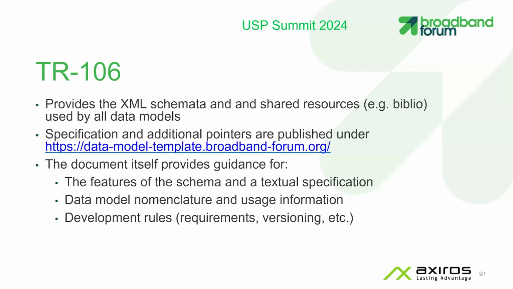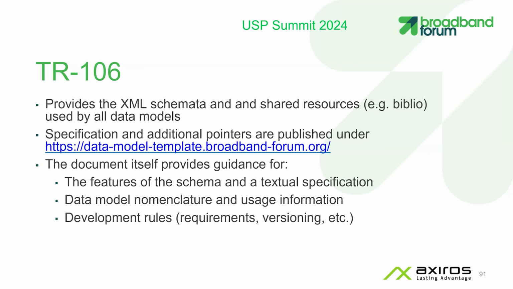The document itself is actually quite interesting, and few people know about that, but it explains basically all of the features that you can have in a data model, and it gives you a textual description of what they actually do. So especially if you're interested in the data types, how you would use the data model, what is allowed, what is not, what are our internal rules regarding updates to data models.